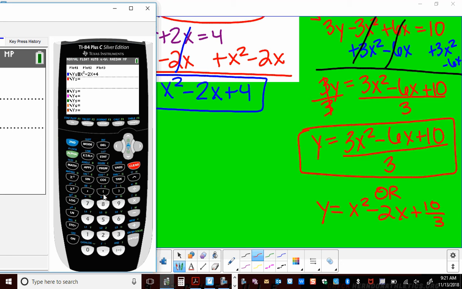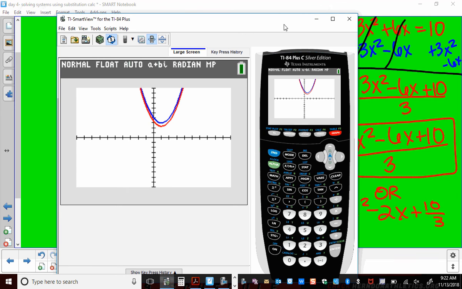The second one, 3x squared minus 6x plus 10 divided by 3. It looks like no solution.